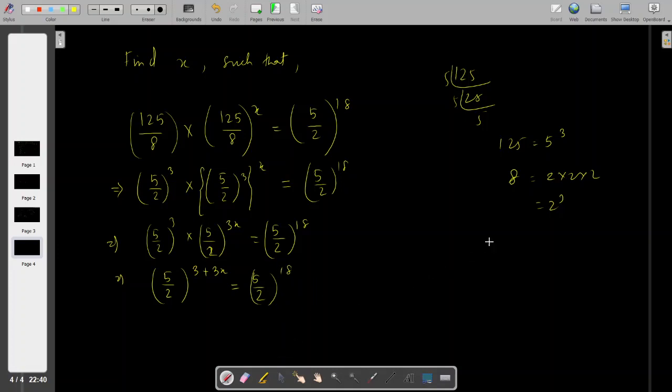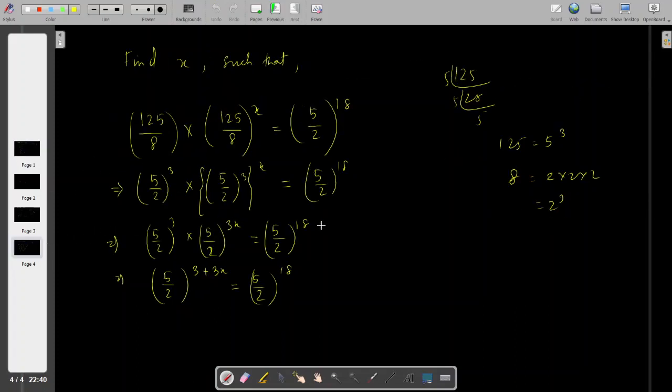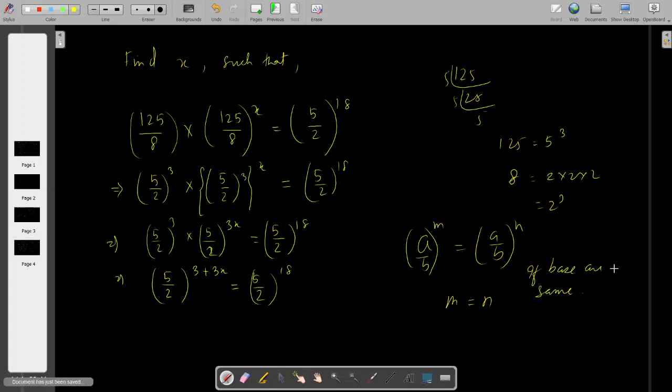Now you have already seen a formula: if the bases are same, then the powers are equal, that is m equals n.